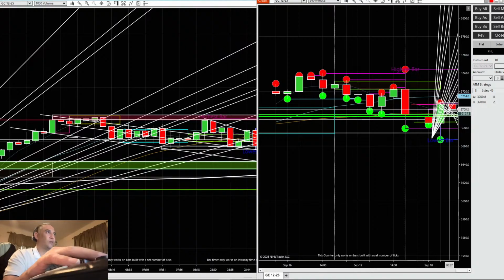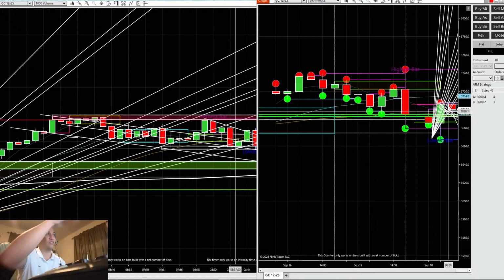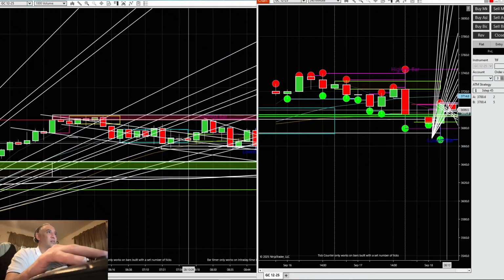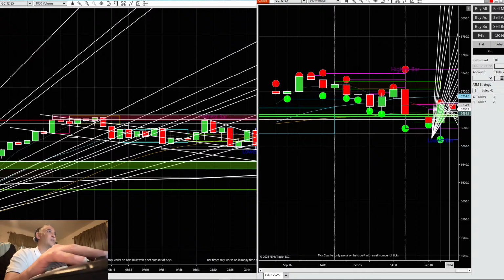If it just tapped that, it's probably going to go up from here. Momentum has shifted, so this probably goes up, and you probably start to see these being broken and finding support on them as they go up.